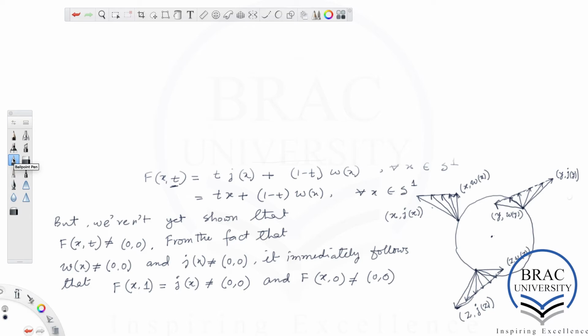Suppose f of x comma t is equal to 0 comma 0 for some t with t lying between 0 and 1.